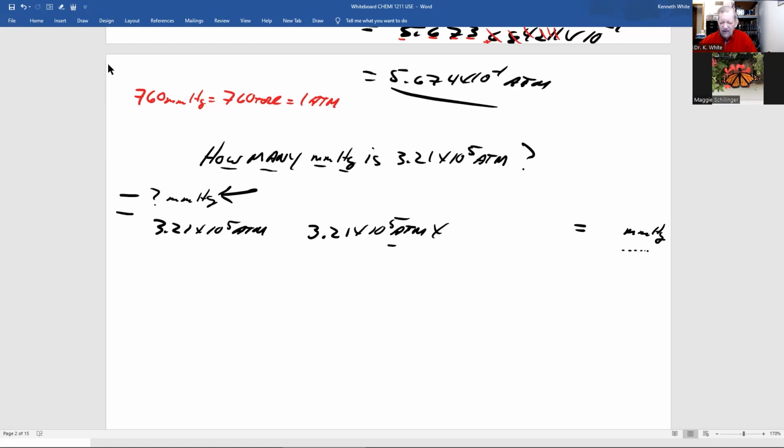Now, if there were a ratio that I could use to convert atmospheres to millimeters of mercury, what units would I put on top and bottom of that ratio? Just the units. Your turn. Use your good friend.